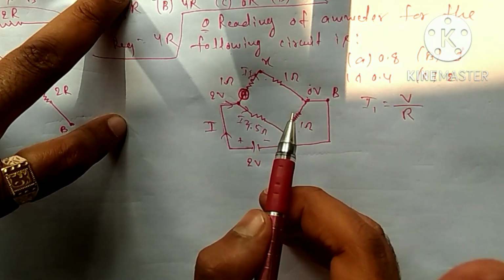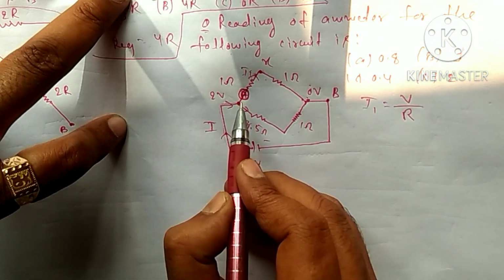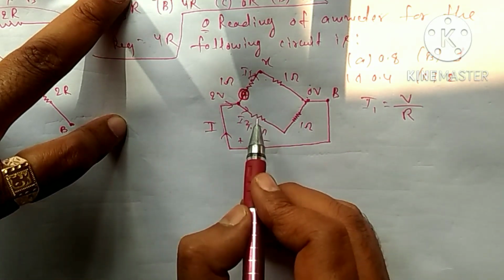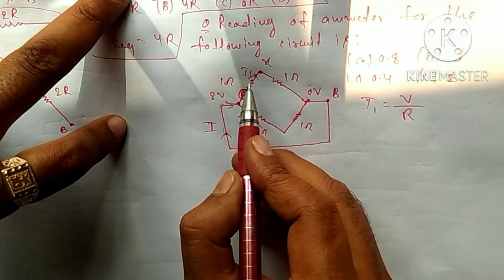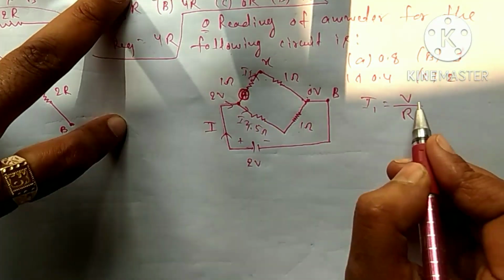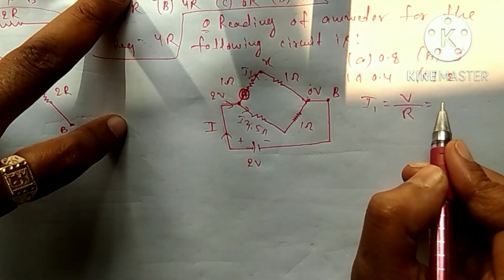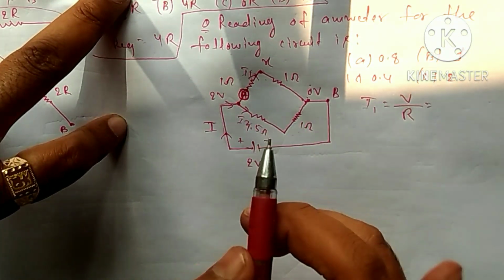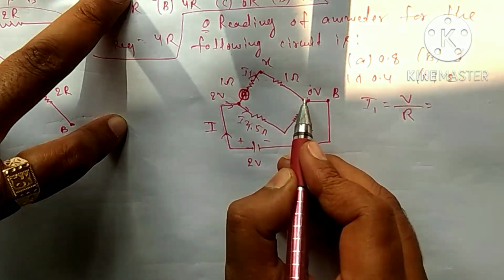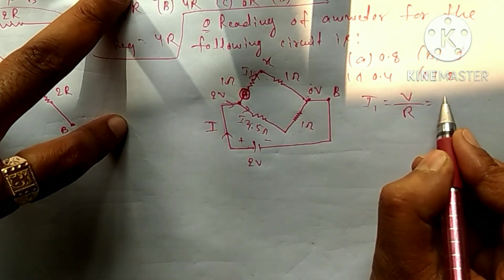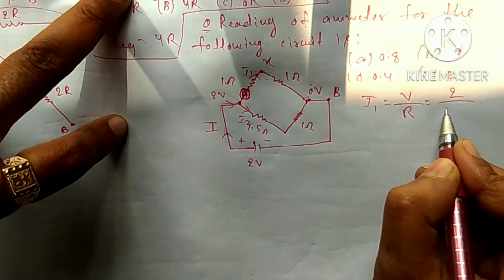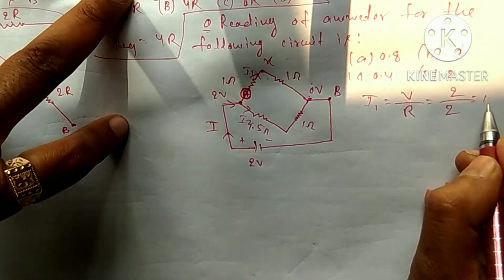So the two voltages are the same. First we find the equivalent resistance for that part. Here we write 2 volts, and R is 1 and 1 and 2. So the answer is 1 ampere.